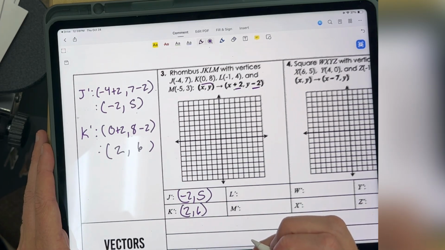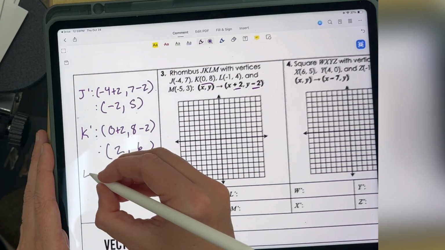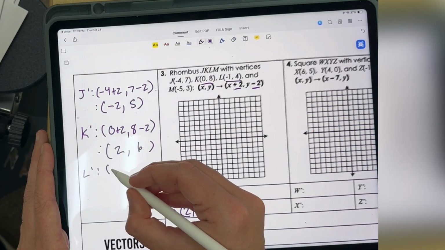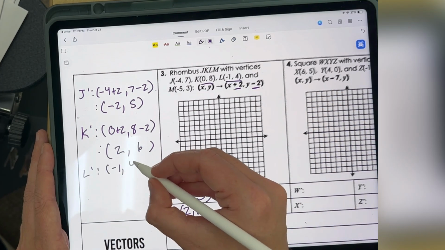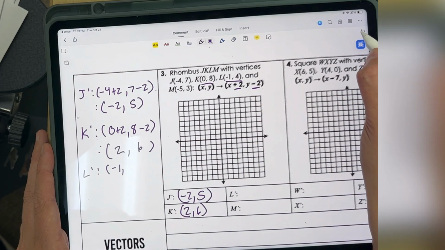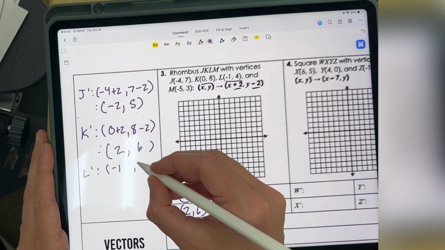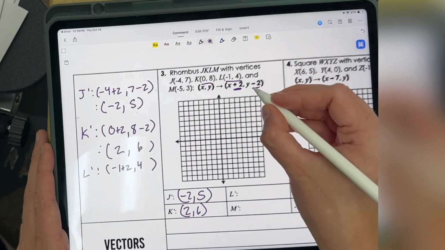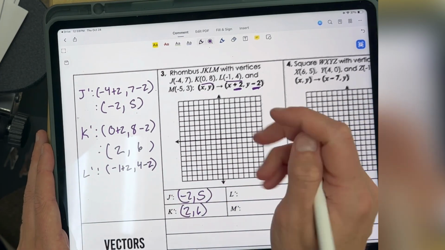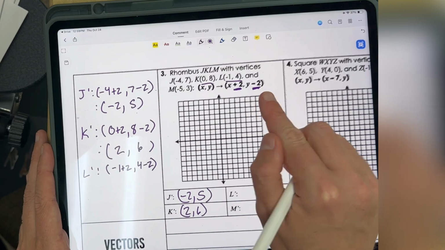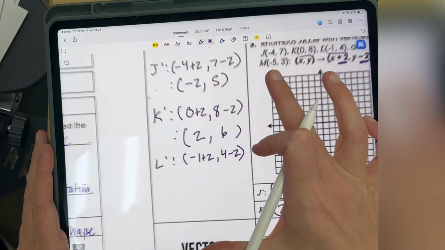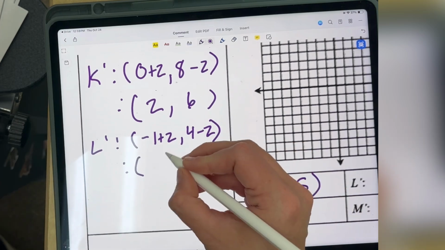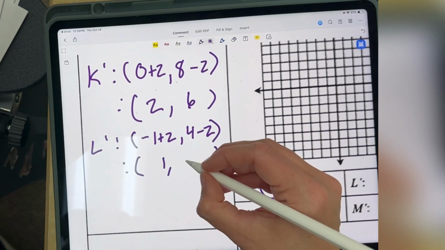Okay. L prime, let's see where L was. L was originally at negative 1, 4. So if I add 2 to the x, minus 2 from the y, L prime would be located at negative 1 plus 2 is 1. 4 minus 2 is 2.